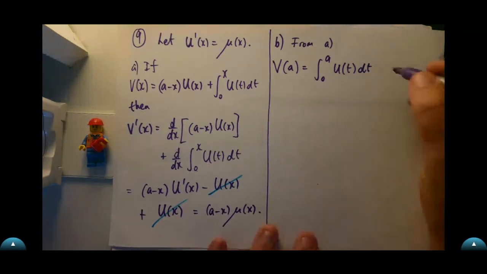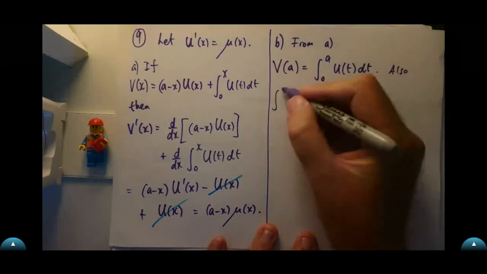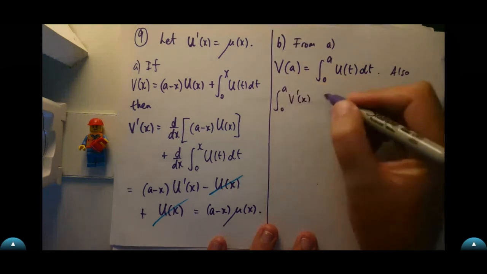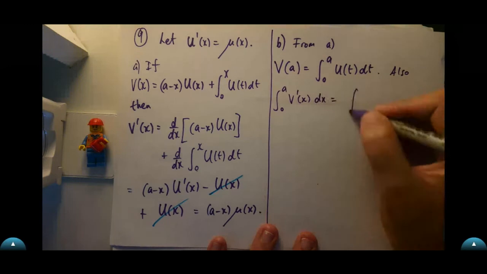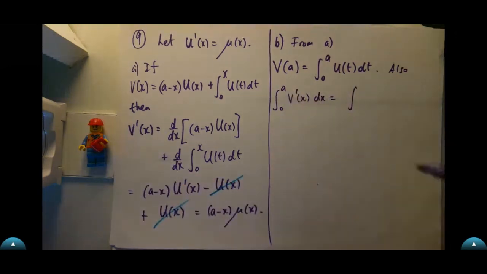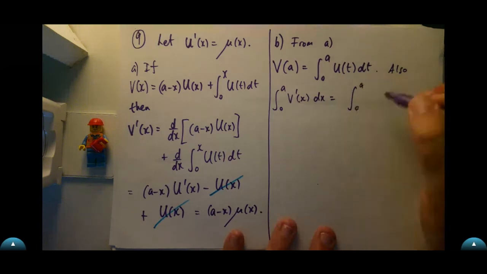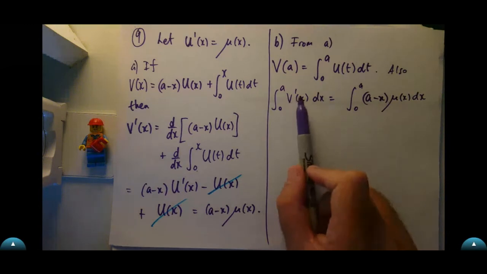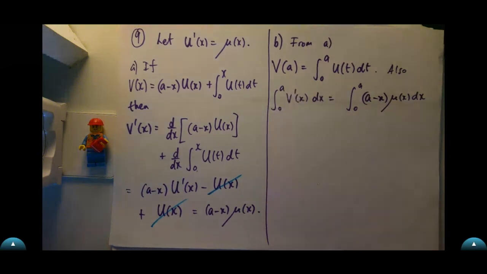Okay, so this is also from part A. We just integrate both sides from x equals 0 to x equals a. Okay, so the fundamental theorem of calculus, the second one, says, well, we can simplify this.